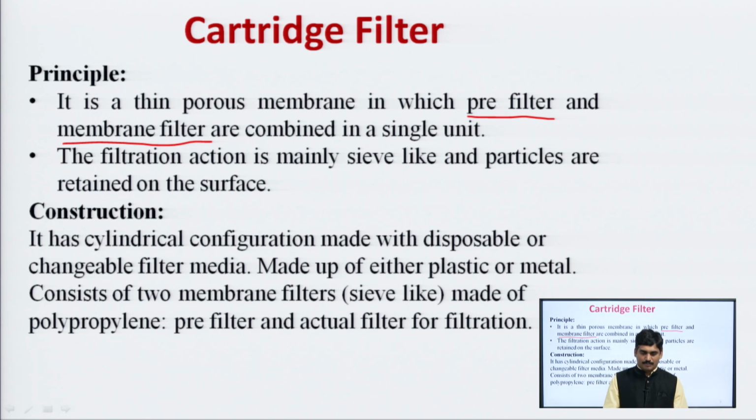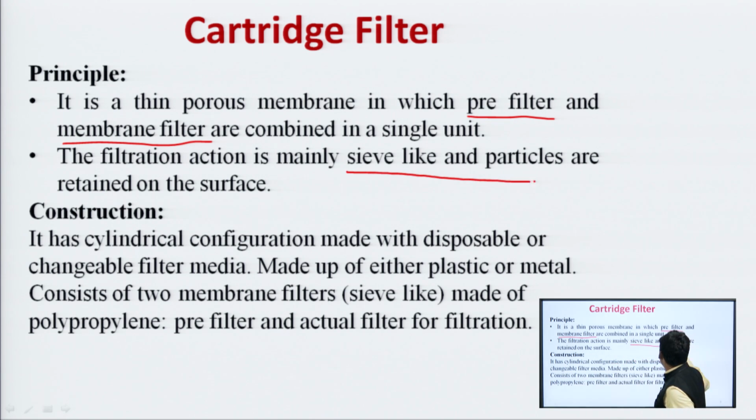The first principle behind the working of this cartridge filter is that it is a thin porous membrane in which the pre-filter and membrane filters are combined together in a single unit. In this case, filtration action is mainly due to sieving, and the solid particles which are separated are retained on the surface.